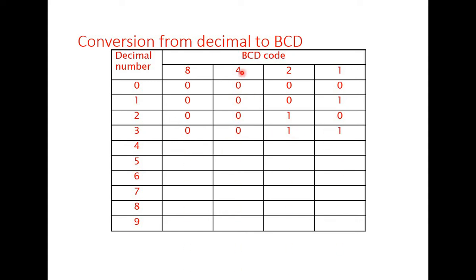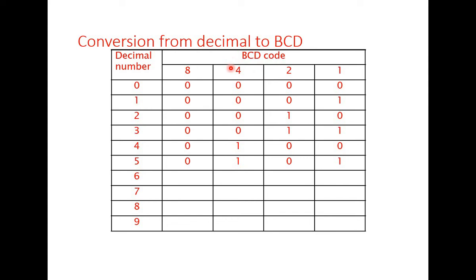For 4 we require the positional weight 4 becomes 1 and the remaining positional weight becomes 0. So we write as 0100 for decimal number 4. For 5 we consider the positional weight 4 becomes 1 and the positional weight 1 also becomes 1. The remaining positional weight 8 and 2 becomes 0. So we write as 0101.